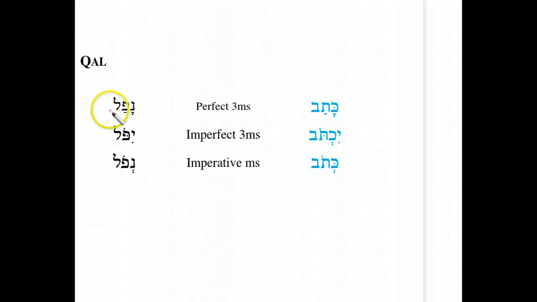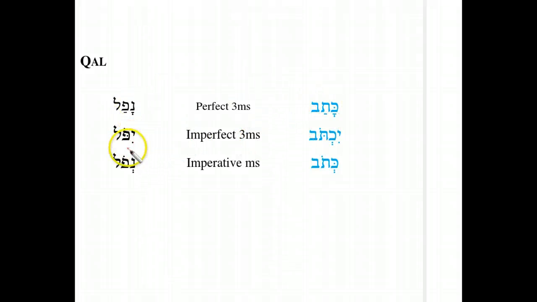So we just have nafal, and with respect to the vowels at least, it looks pretty much the same as the strong verb. As I mentioned in the previous videos, the strong verb I've written down in blue just to compare with the Peh-Nun, or the weak verbs that we're looking at. So we've got nafal, which is the same as katav, with respect to the vowel patterns.